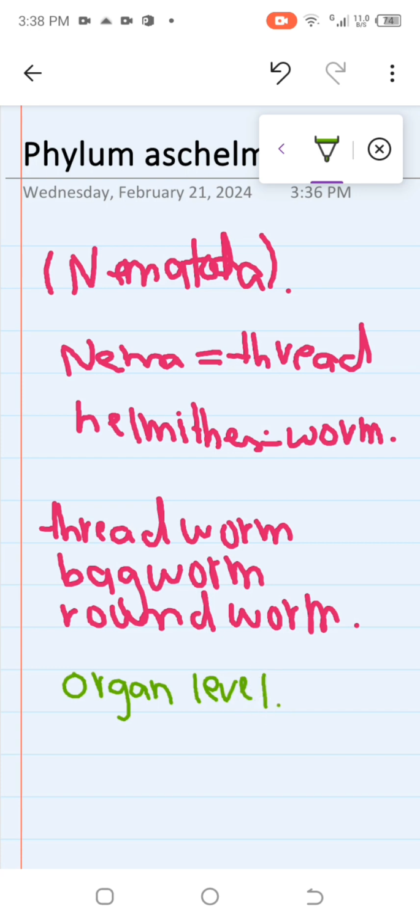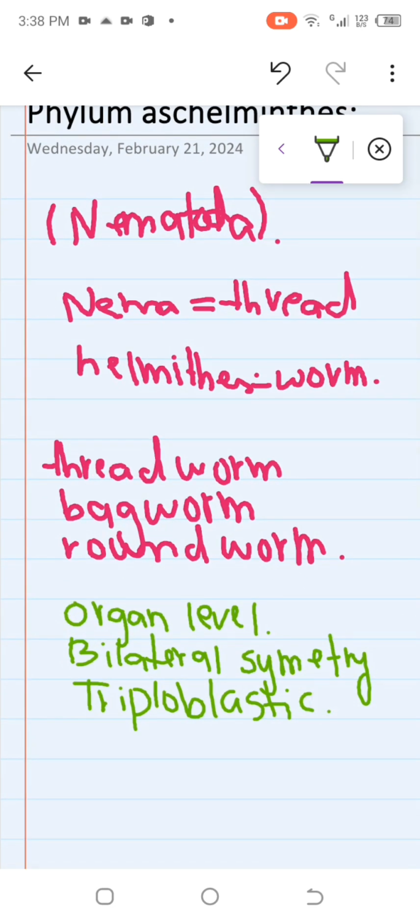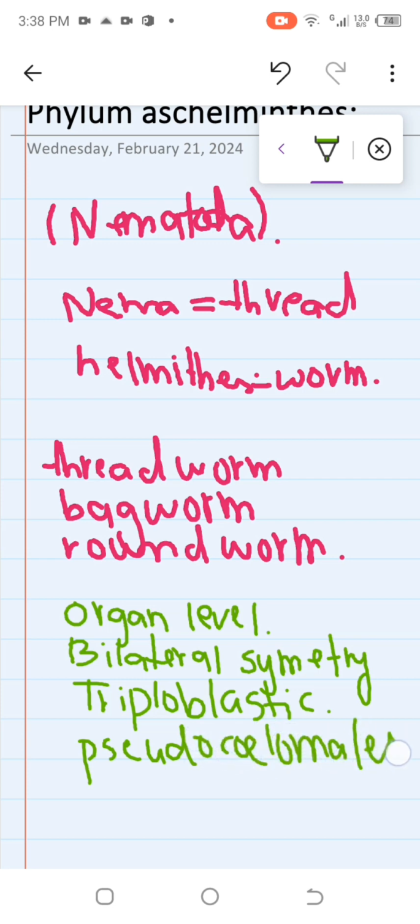They have bilateral symmetry, and they are triploblastic animals. They are the first phylum with a pseudocoelom, meaning the coelom is lined by mesoderm only from one side. So those are known as pseudocoelomates. And they have a complete gut.